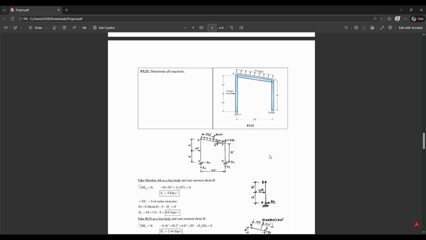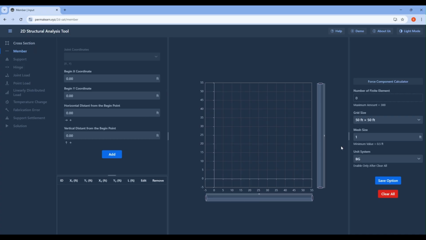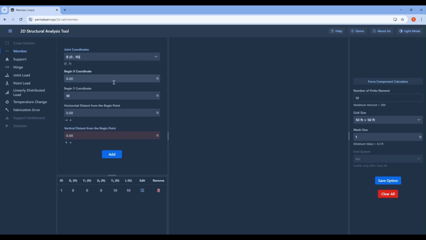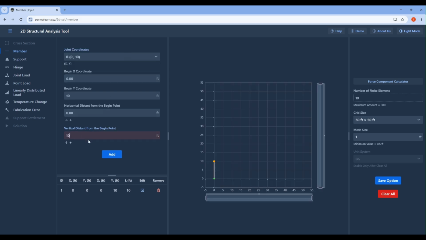And now let's build this structure first. I want it to start with 0, and since the BG unit is still the same setting, it's going up 10, and from point B here it's going up 10, and then from point C here it's going to the right 20, and it's going downward 4 as it is inclined.